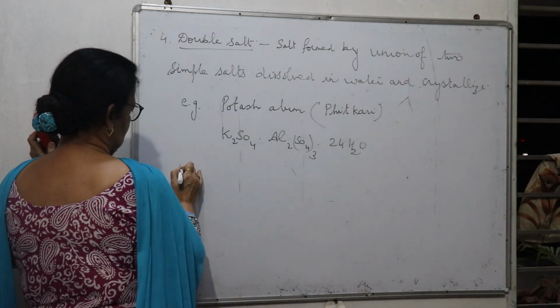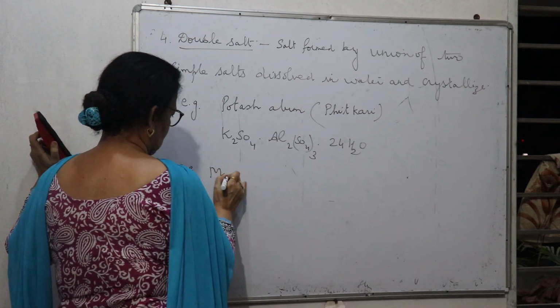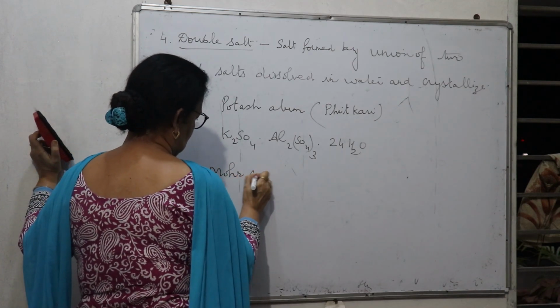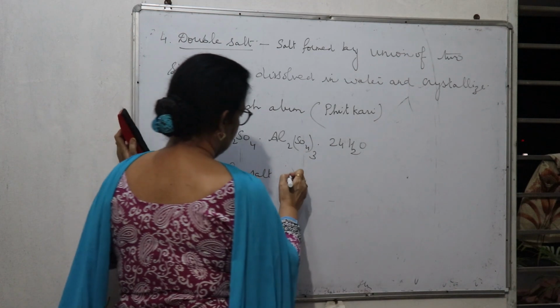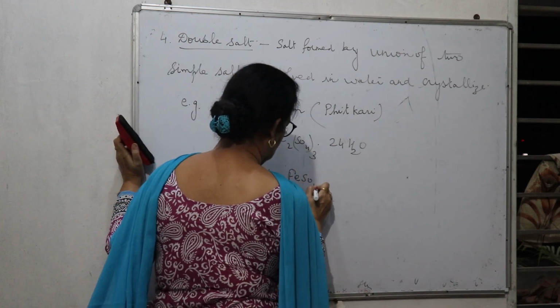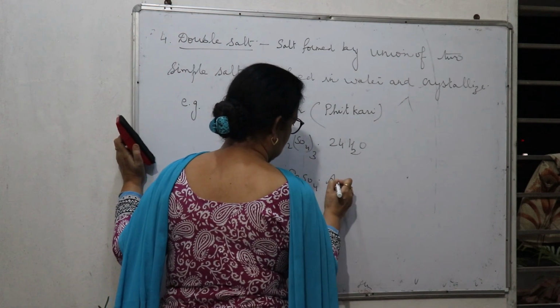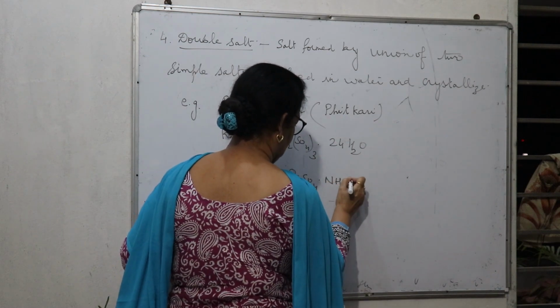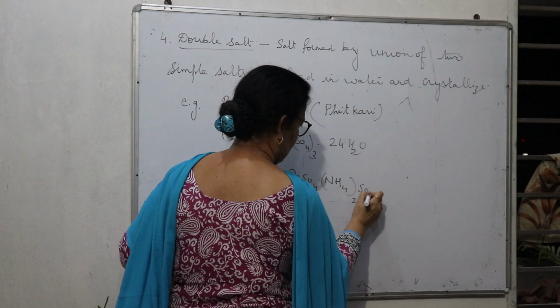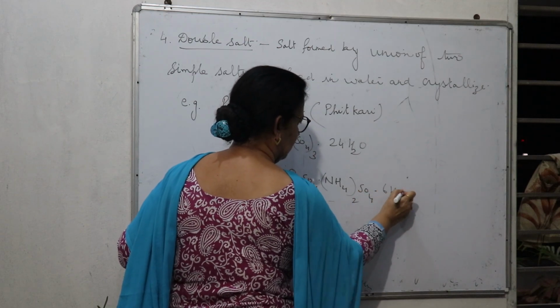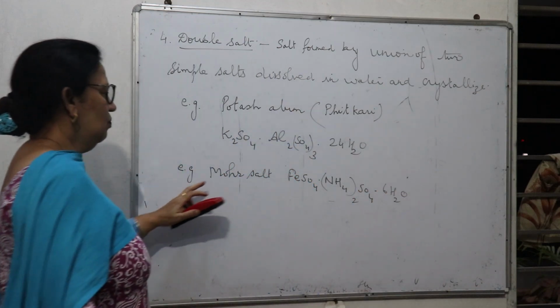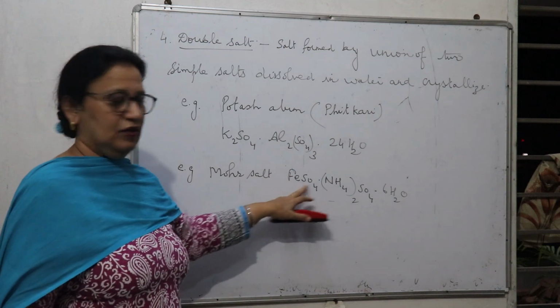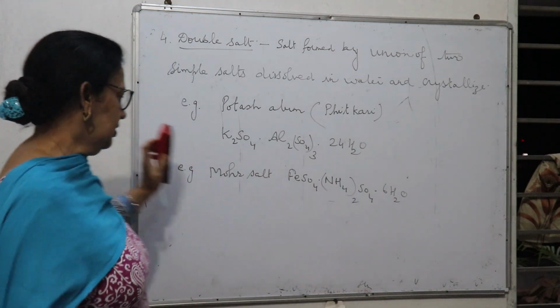Another example is Mohr salt: ferrous sulfate, ammonium sulfate and 6H2O.